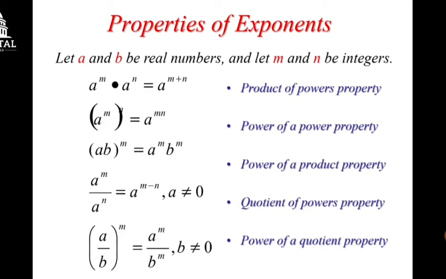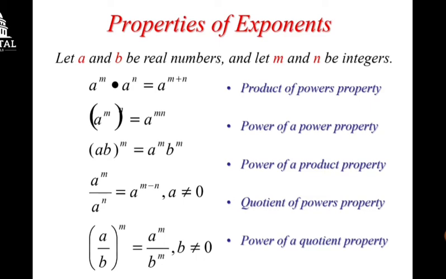Some properties of exponents: let a and b be real numbers, and let m and n be integers. If we have a to the power of m times a to the power of n, we will add the exponents.